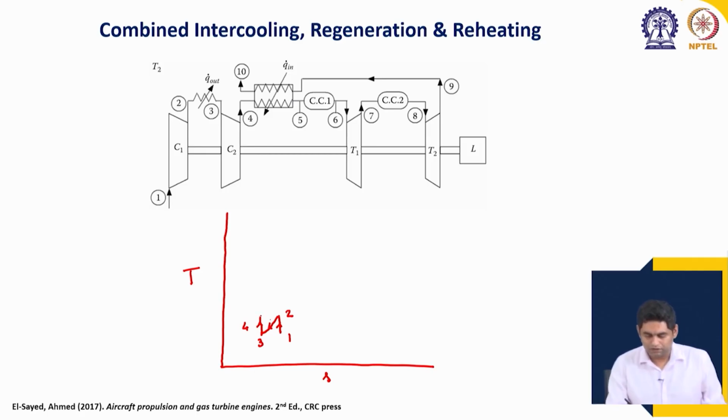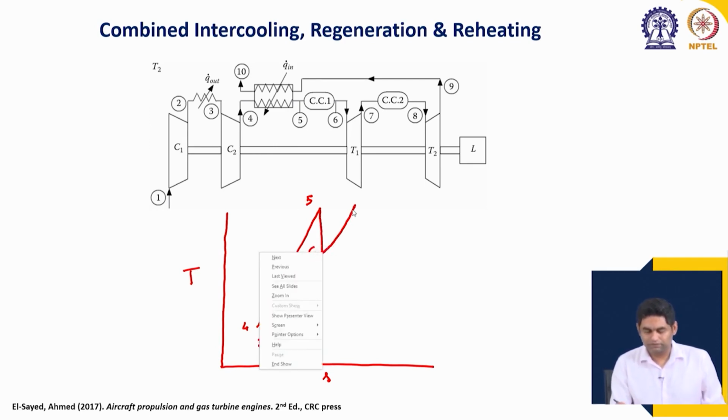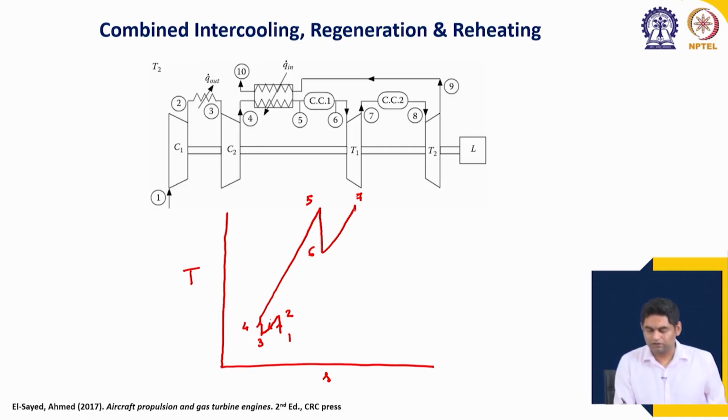Then 4 to 5 is the primary combustion, the main combustion, then 5 to 6 is expansion in the high pressure turbine, 6 to 7 is secondary combustion or reheating, and then from 7 to 8 we have the low pressure turbine expansion.